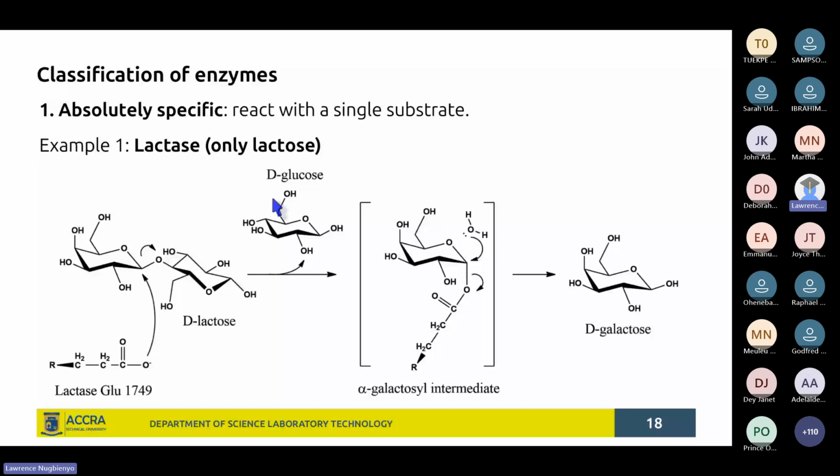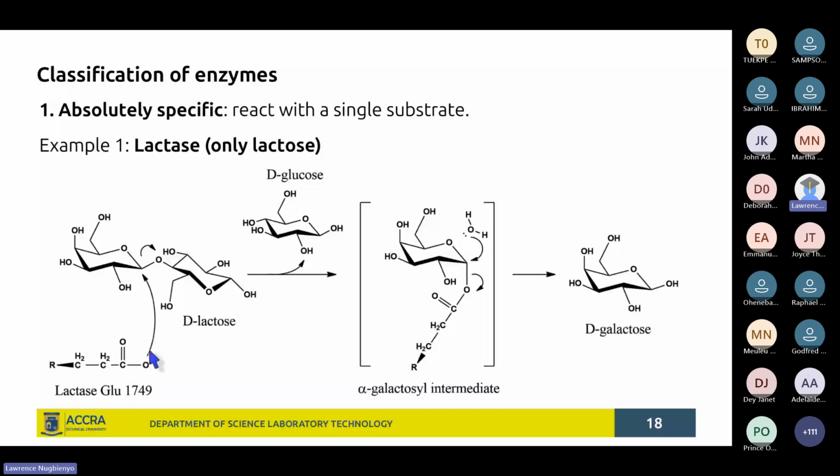So you have this glucose molecule, which is broken off, and then you have the galactose molecule there. So what you actually see here is that we are seeing some intermediates, where you have galactosyl intermediates. What actually it means is that the lactase, so this is a lactase molecule there.